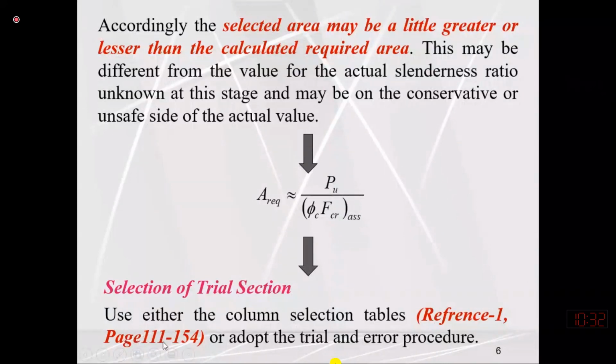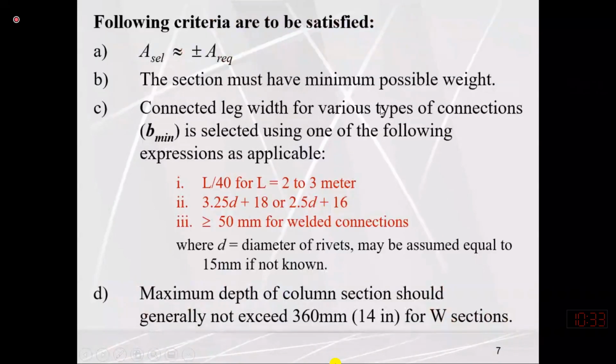I will explain this table later. If we are selecting a section from the section properties table, then the area of our selected section may approximately be equal to the required area, maybe plus or minus on both sides.